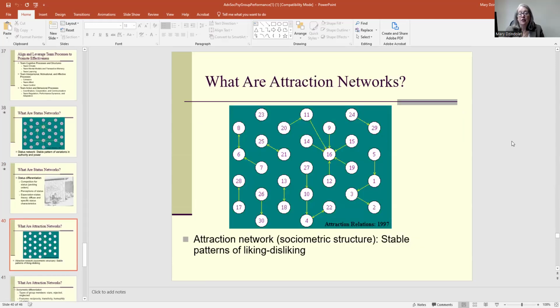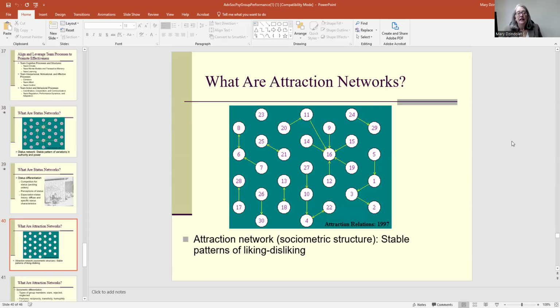Okay. There are also attraction networks. These are stable patterns of who likes who and who doesn't like who. And sometimes the way to get someone to like you is to share that you both dislike someone else.